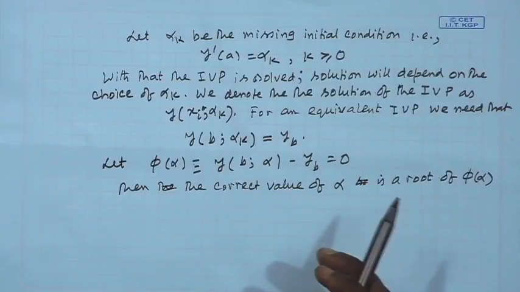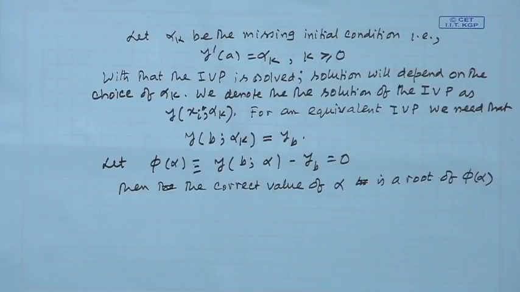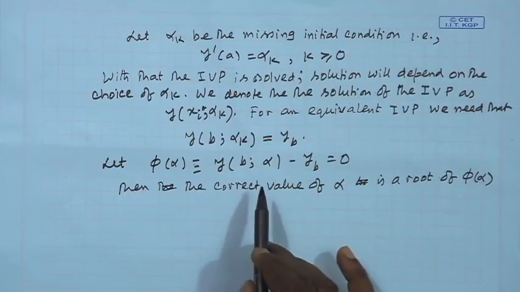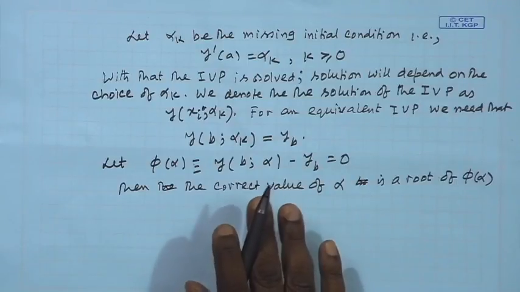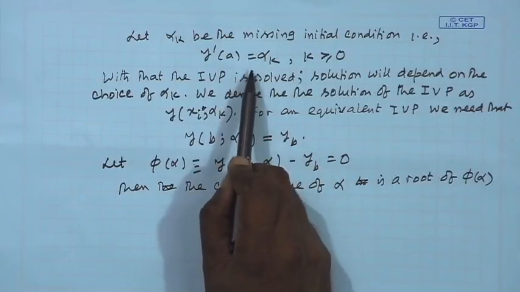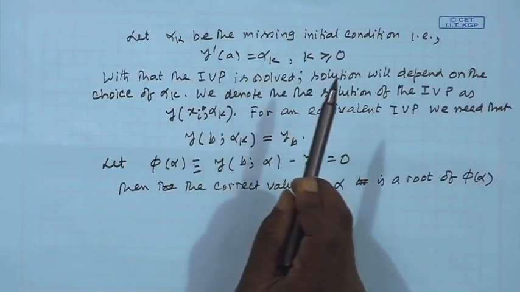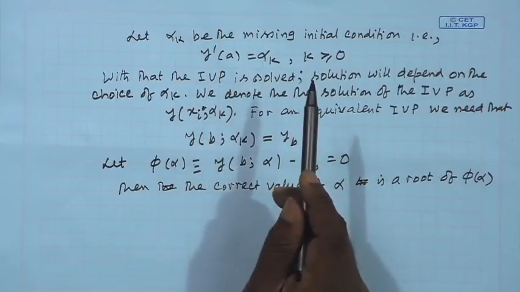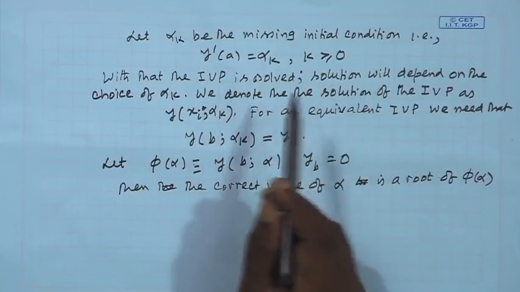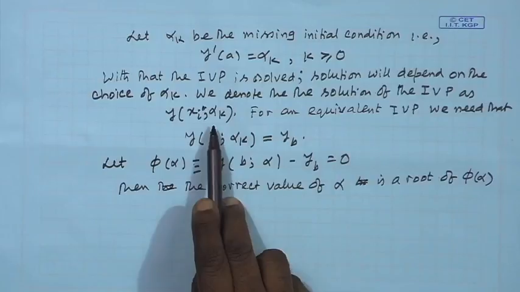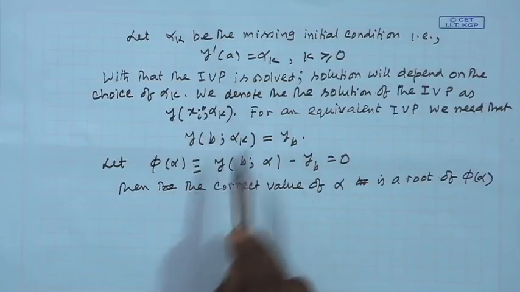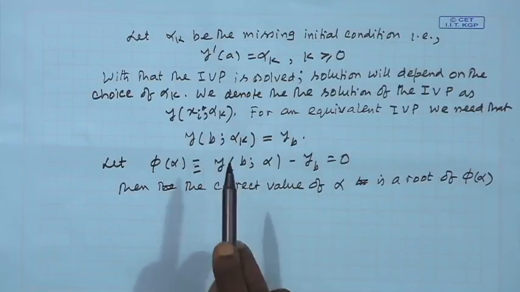Now, this gives a way how to find this alpha. So far we have not talked about alpha. What we talked about is that you assume some value for the missing initial condition, solve the equivalent IVP, and get the solution y xi alpha k for all these I grid points and get y b alpha k.